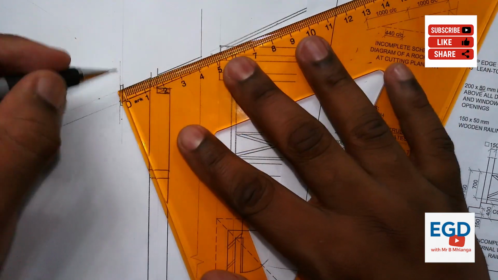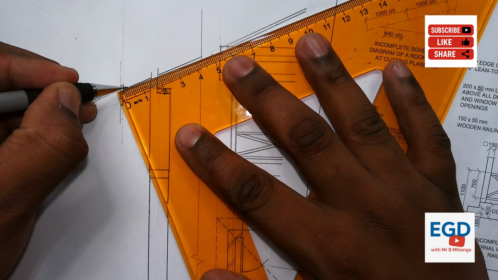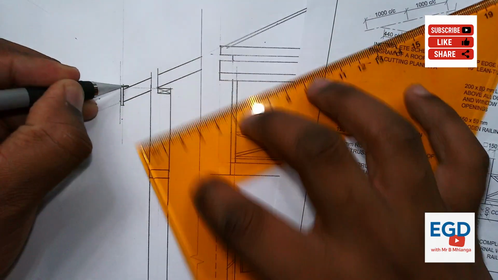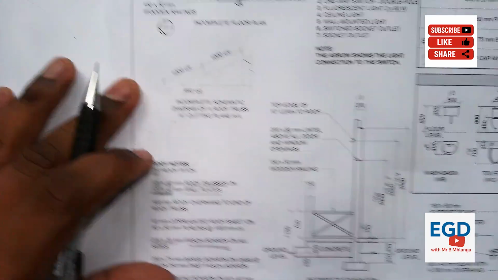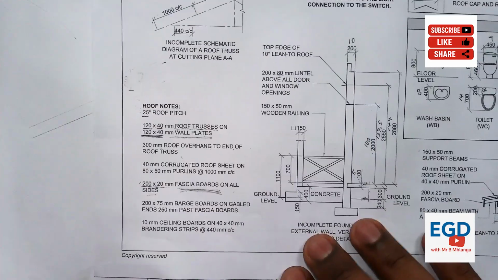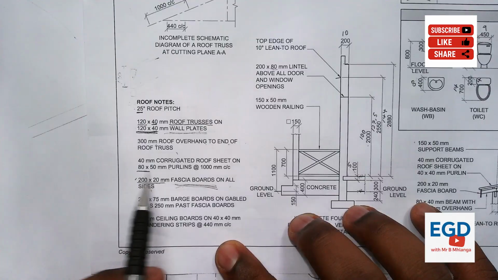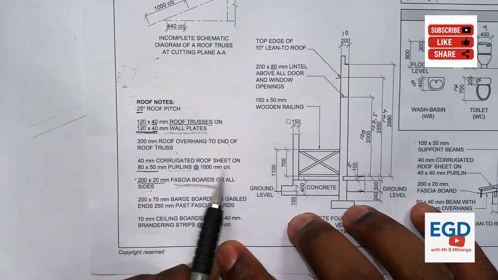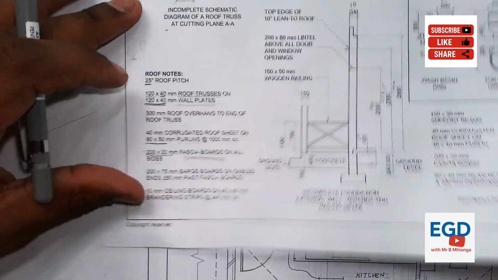So I'll just measure, let's say, 4 millimeters, and draw the first purlin there. I have to check the measurements for the purlins. They are 80 by 50 millimeters purlins at 1000 millimeters center to center. This C/C stands for center to center.